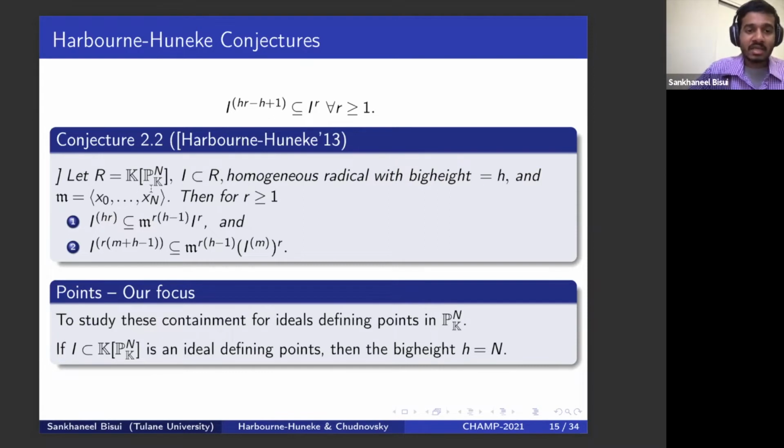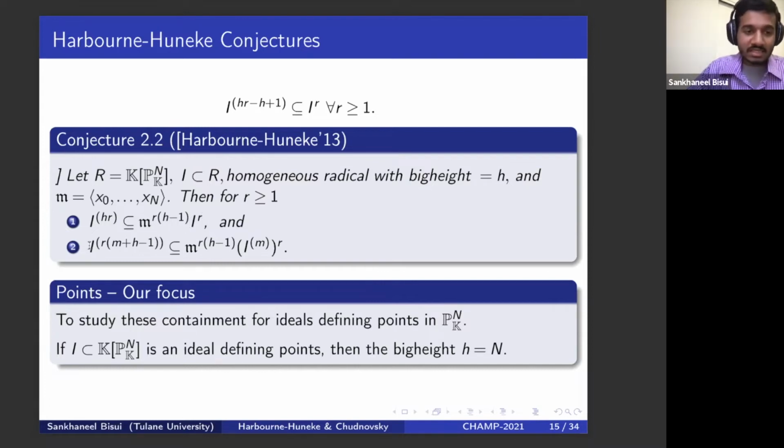By that I mean, if you let R be the coordinate ring of the projective space, meaning the polynomial ring with n plus 1 variables, and I is a homogeneous radical ideal with big height h, and M denotes the maximal ideal, then Harbourne and Huneke conjectured, number 1, the hr-th symbolic power sits inside M to the power r(h minus 1) times I^r.